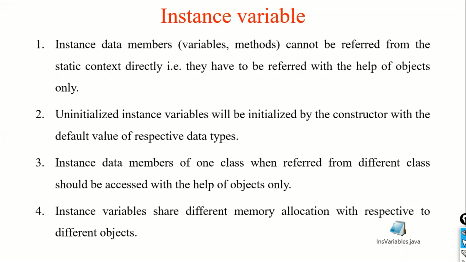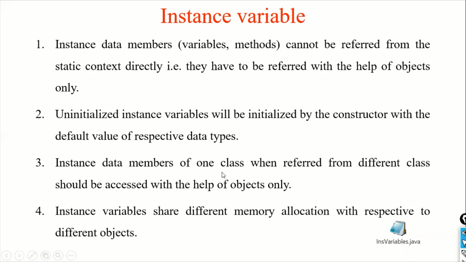As we have seen, all the local variables must be initialized by the programmer. They cannot be left uninitialized. Whereas for instance variables, it's not necessary for the programmer to initialize them. If they are not initialized by the programmer, then they will be initialized by the default values of their respective data types.